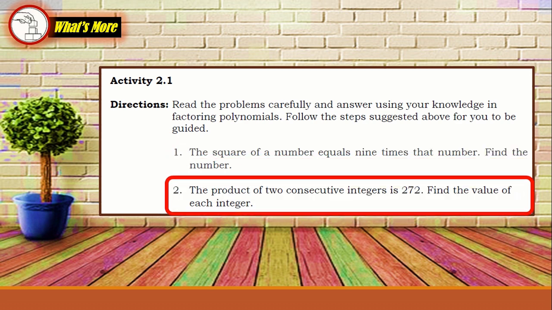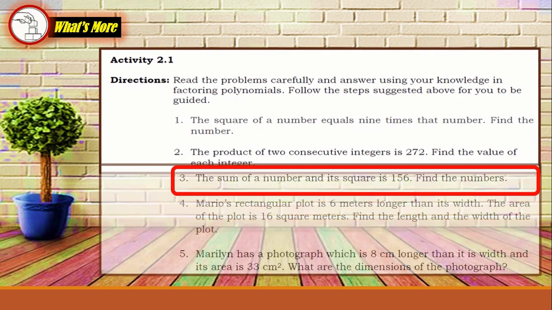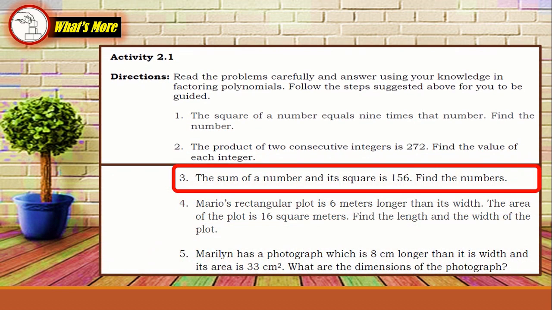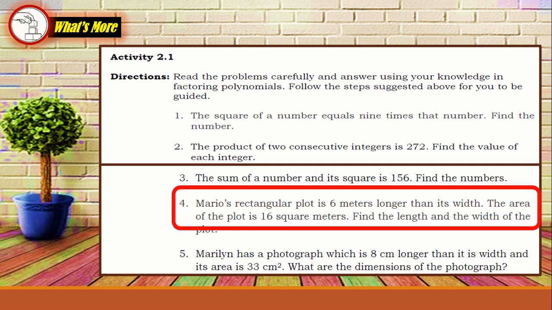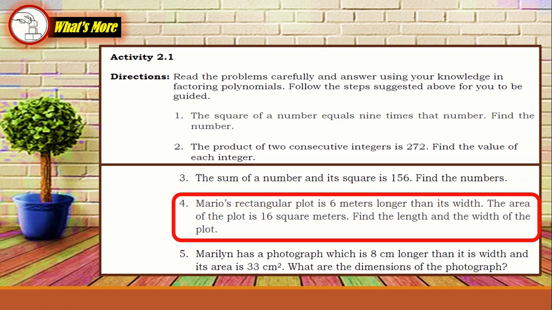The product of two consecutive integers is 272. Find the value of each integer. The sum of a number and its square is 156. Find the numbers. Mario's rectangular plot is 6 meters longer than its width.